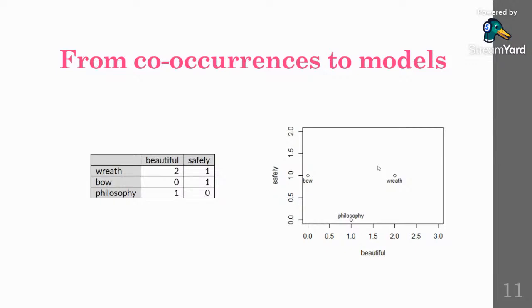So we will place every one of these words in this space, depending on how often they co-occur with our context words. In this case, we've picked two context words, beautiful and safely, and we can place our three target words, wreath, bow, and philosophy, in this space, depending on how often they co-occur with these context words.